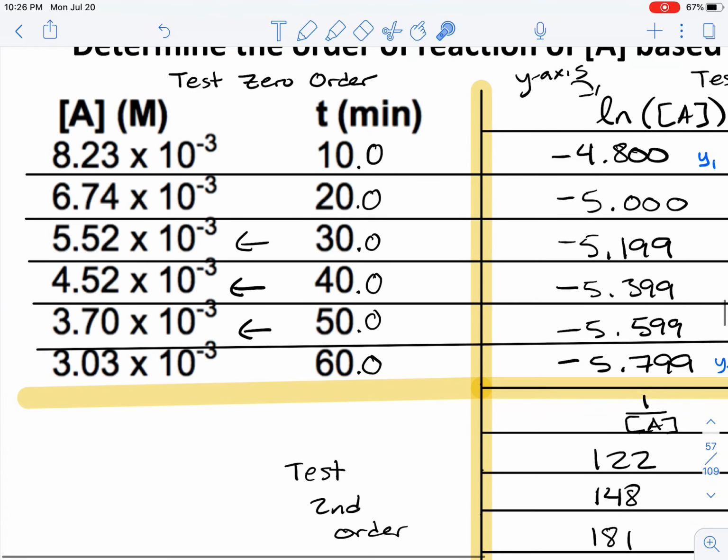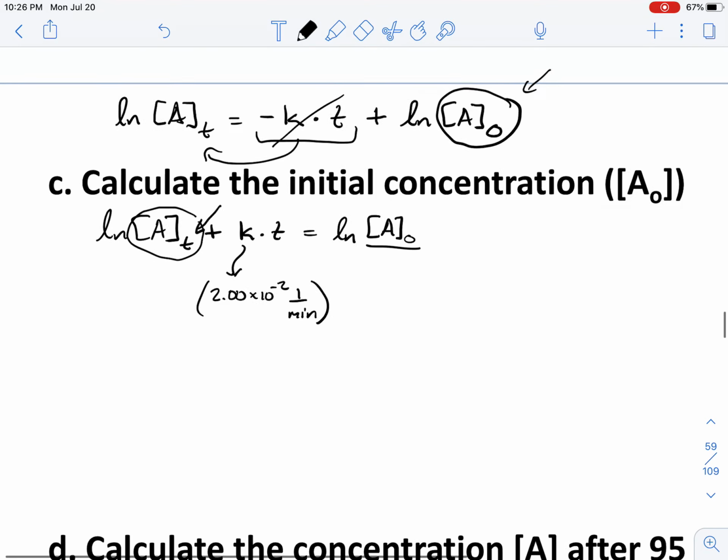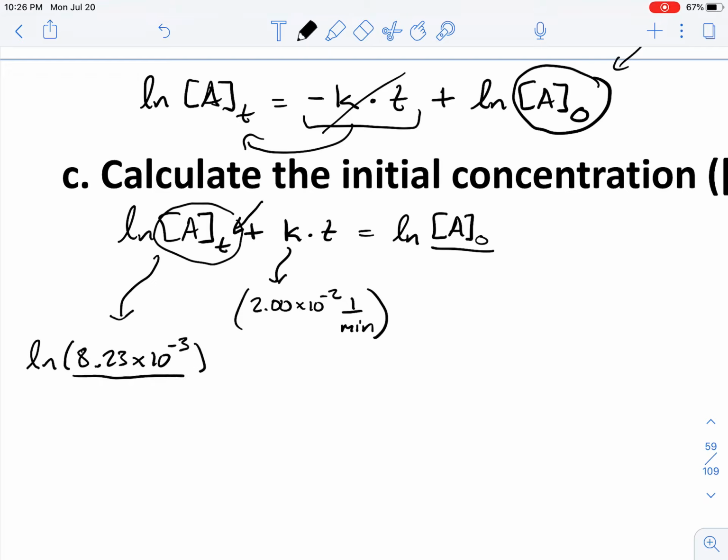I'm going to go ahead and take the natural log of 8.23 times 10 to the negative 3. And remember, this result was recorded at a time period of 10 minutes. So therefore, T in this example is going to be 10 minutes.